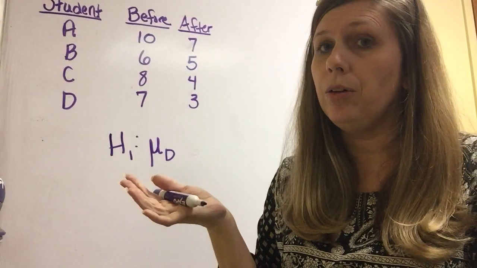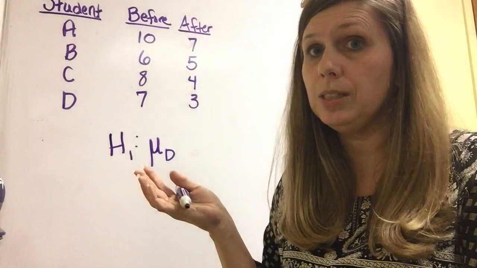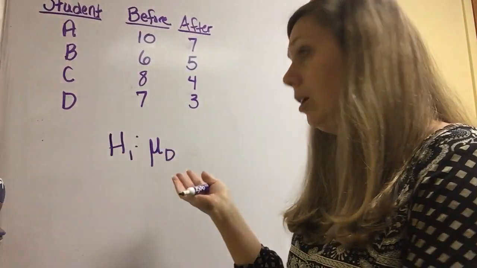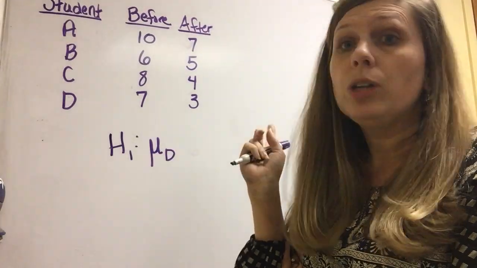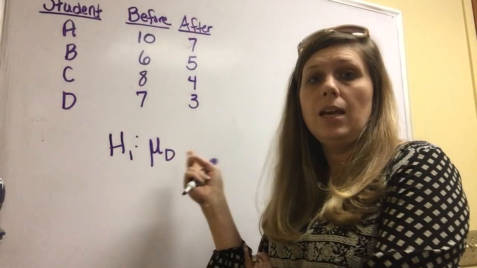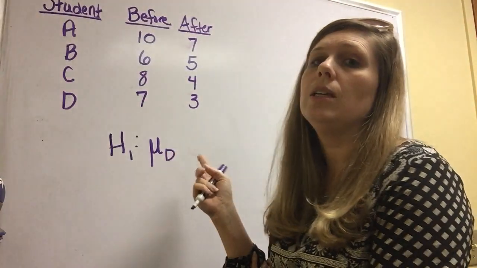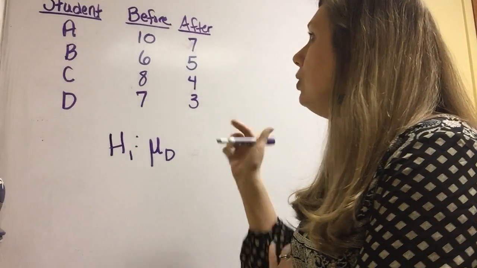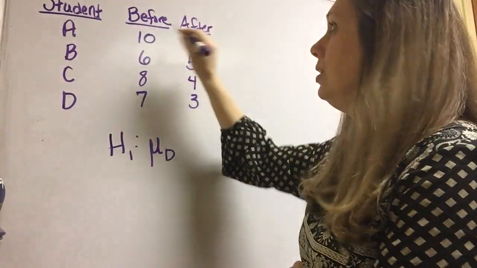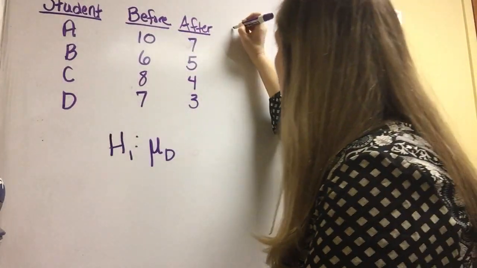If it was two-tailed, I could just say not equal to 0, but here I'm going to do a one-tailed test. The thing that's tricky is that whether I say greater than 0 or less than 0 has to do with how I decide to do the subtraction for my difference scores.